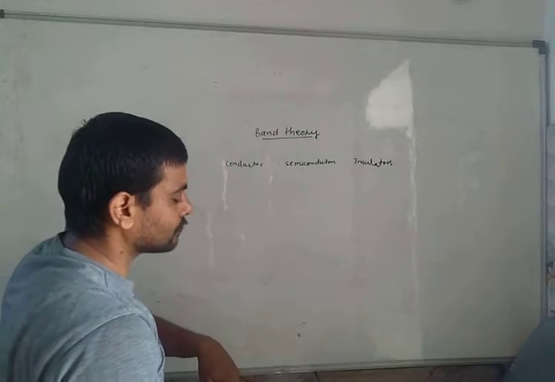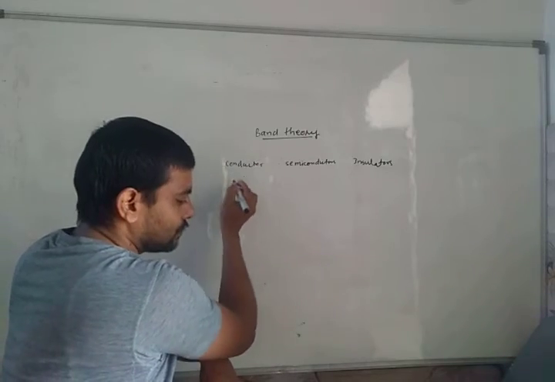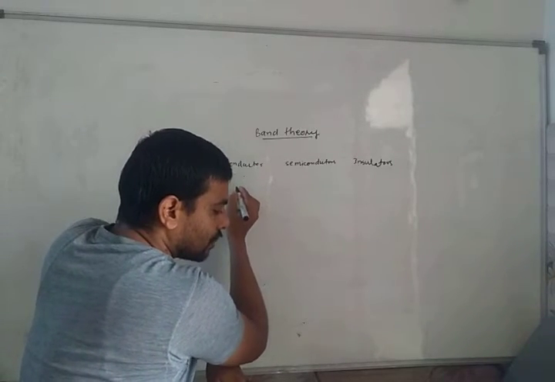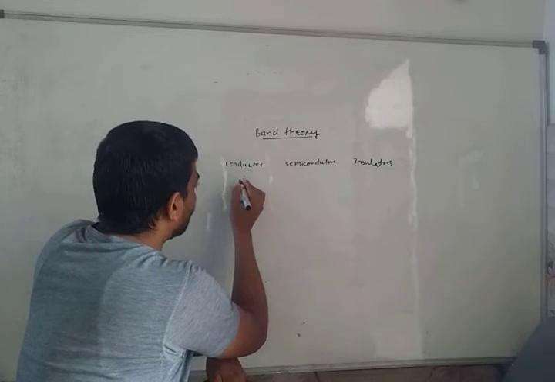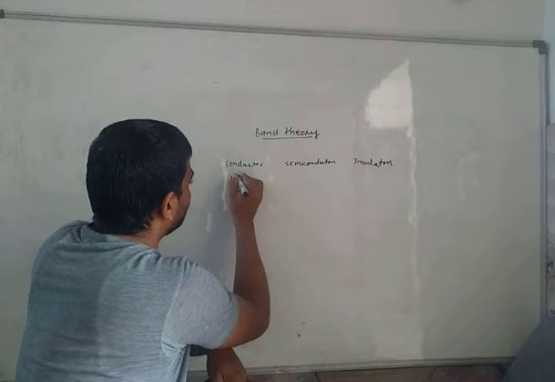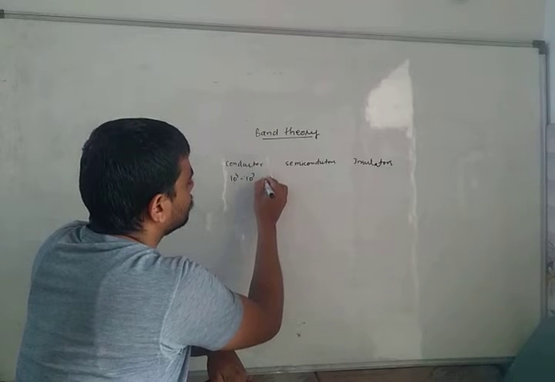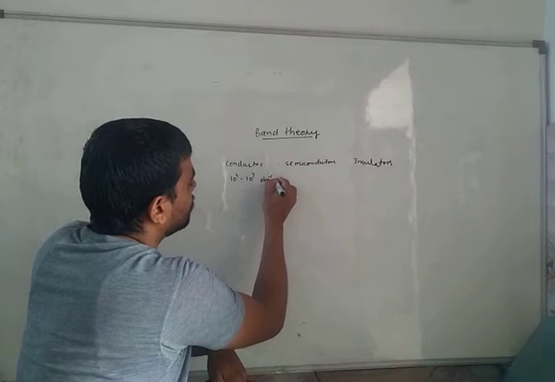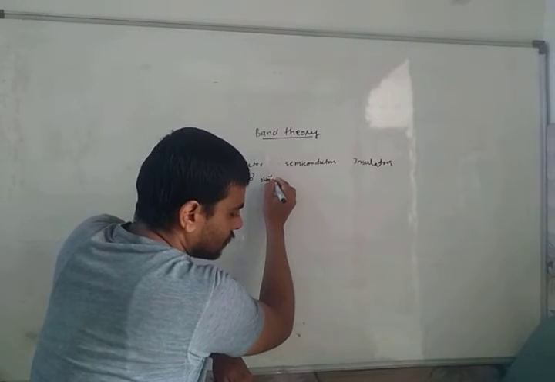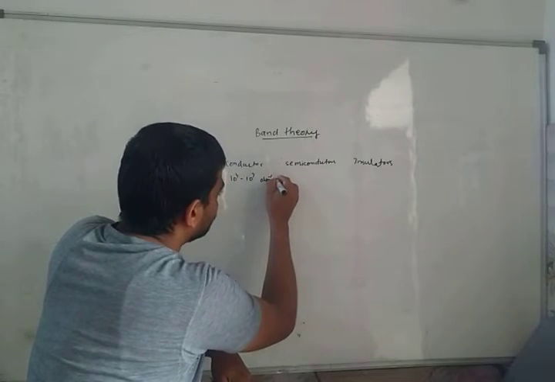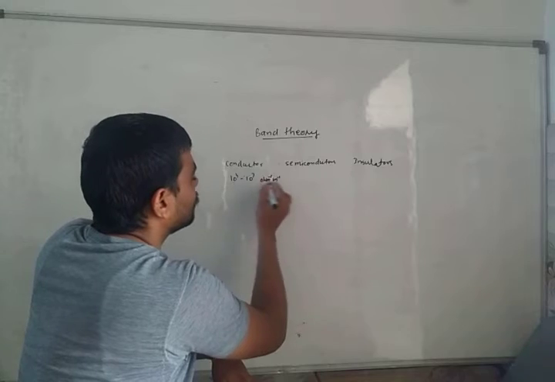For conductors, the conductivity range we have already stated is 10 raised to the power 4 to 10 raised to the power 7 ohm inverse meter inverse, which is the unit.